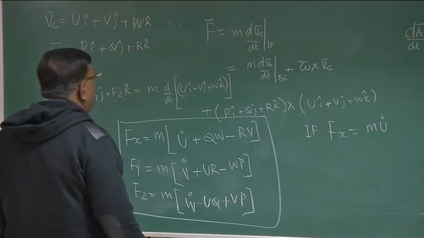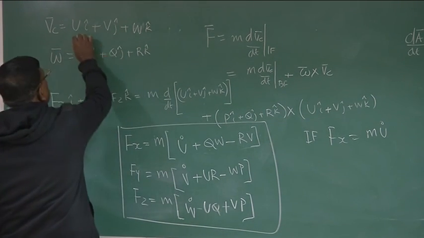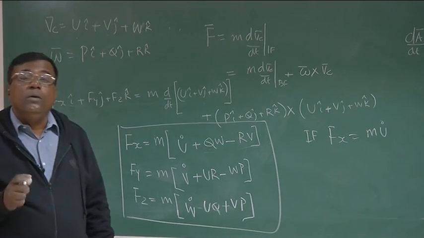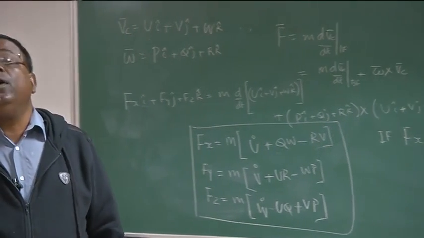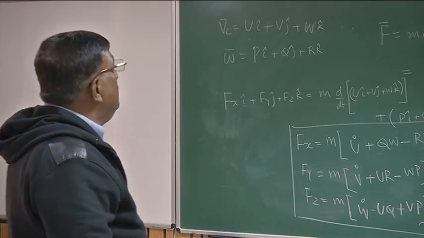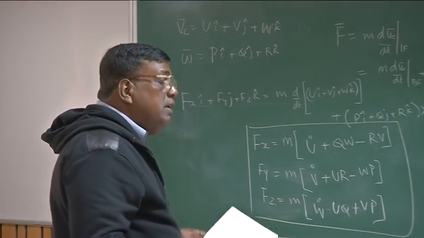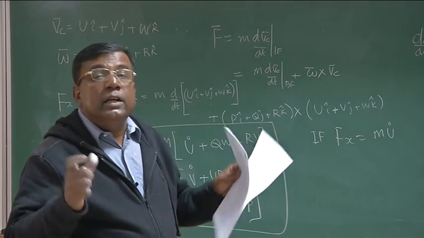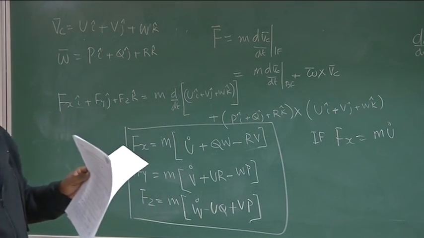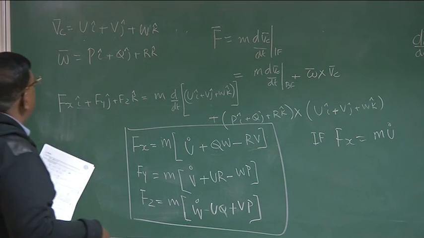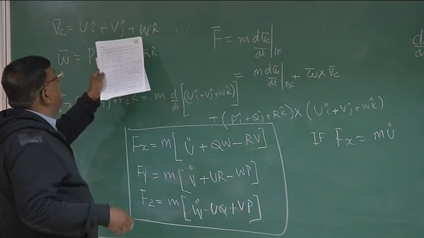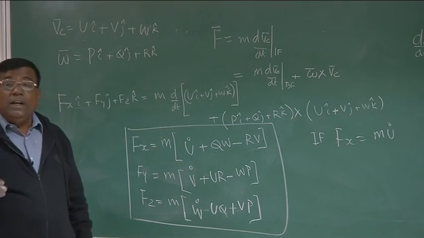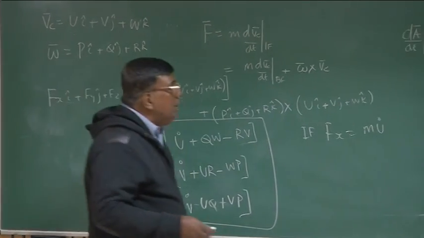I repeat here, what are u, v, w? u, v, w are the air relative speed resolved into the local body-fixed axis coordinates. What is Vc? Vc is the velocity of the vector with respect to the inertial frame. That can be written in the local body coordinate system, like we wrote the A vector both ways.